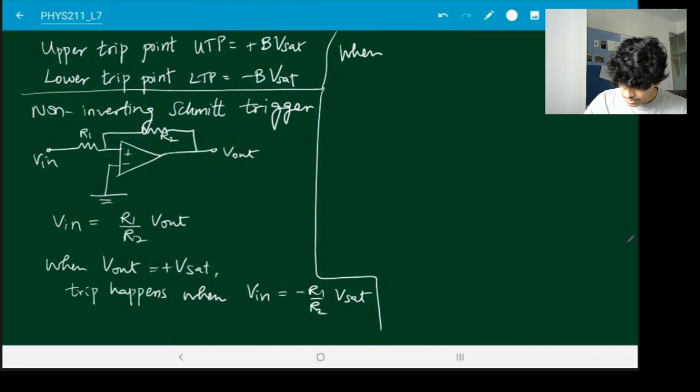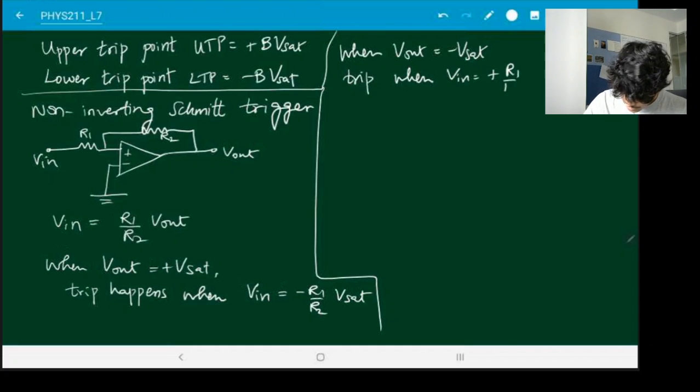But in the other direction, when Vout is negative Vsat, then the trip will happen when Vin is plus R1 by R2 Vsat.